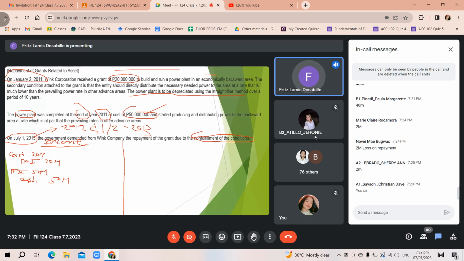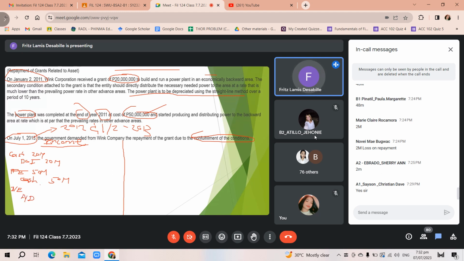Next is the recording of depreciation. Where do we record it? In 2012. In 2012, how much is our annual depreciation? That is 5 million. So debit depreciation expense, credit accumulated depreciation.